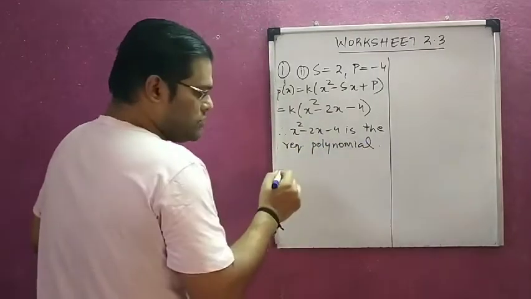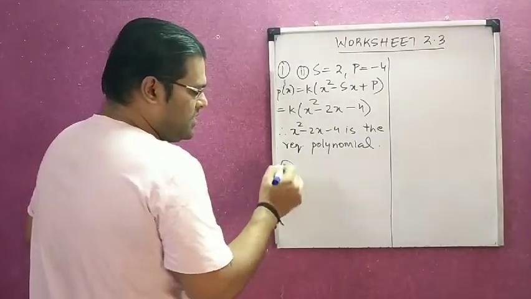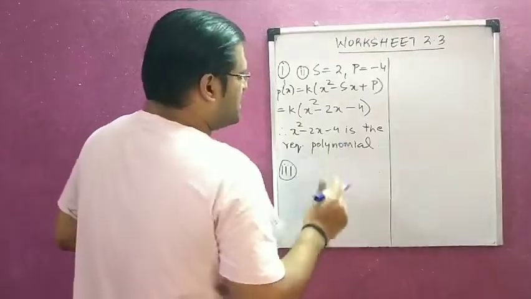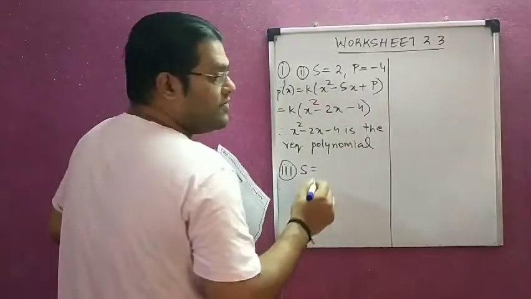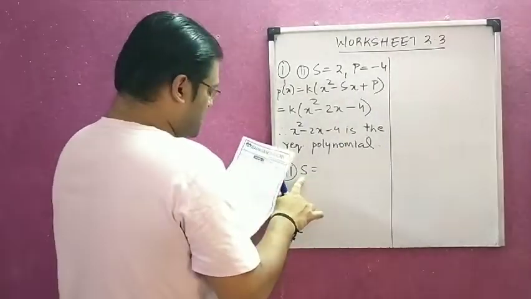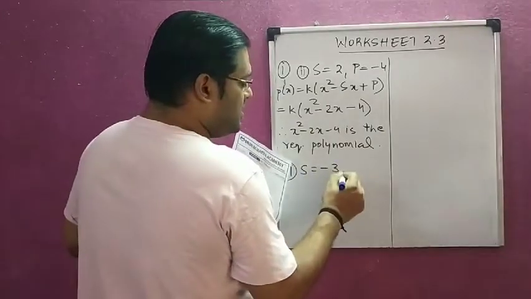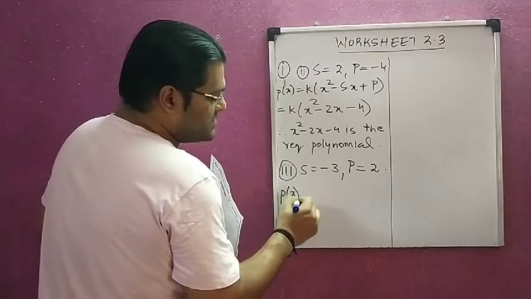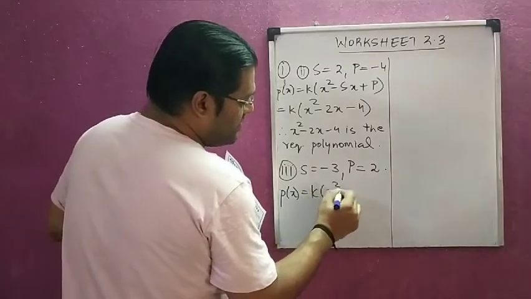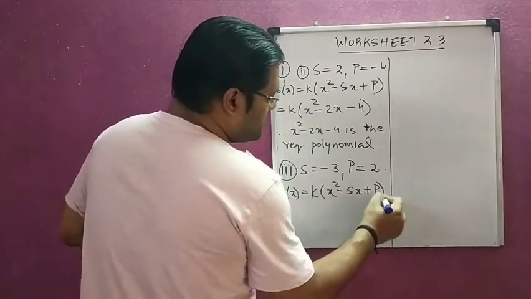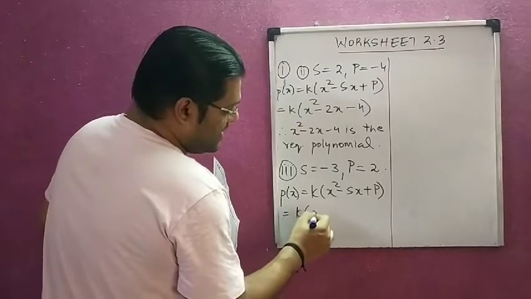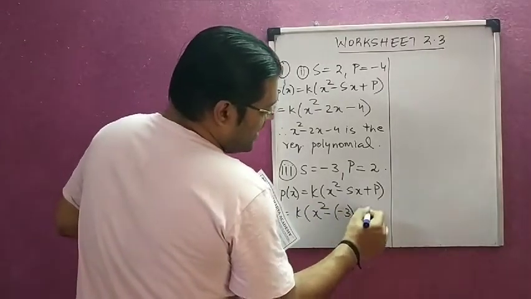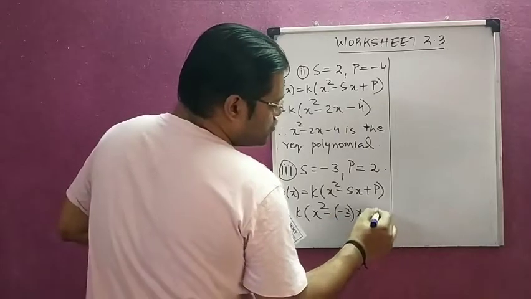Right? I will also do your sum number 3 as well as 4. Please check it out. Then you can verify your answers. First, in the third one, s is equal to minus 3, p is equal to 2. Formula: p(x) is equal to k x square minus sx plus p, which is k x square minus of minus 3x plus 2.